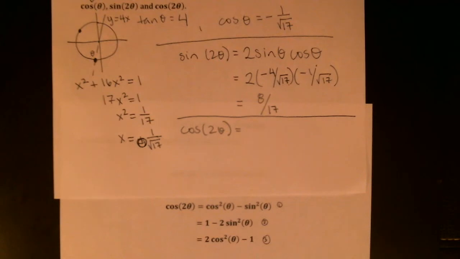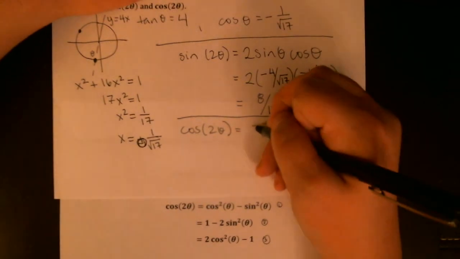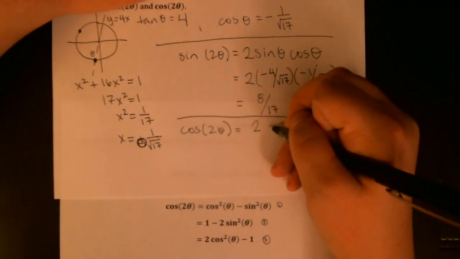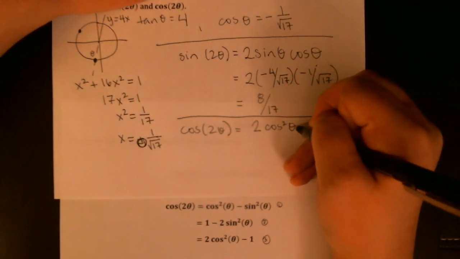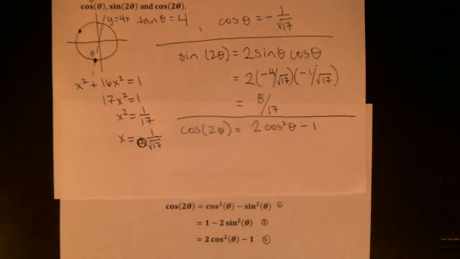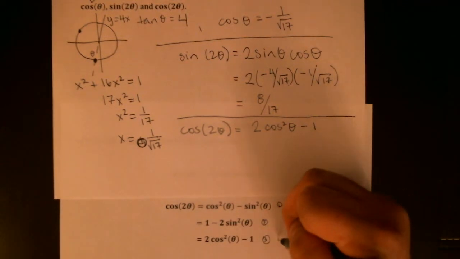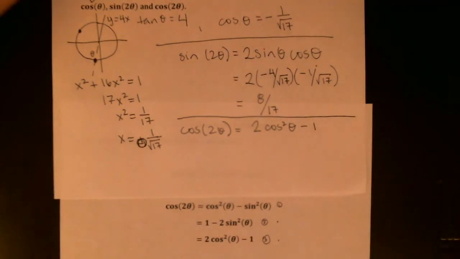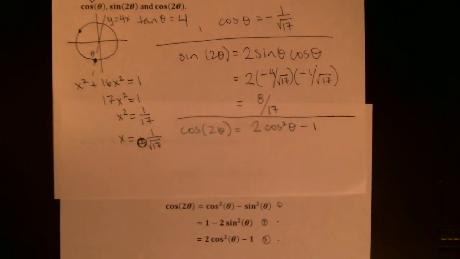We've used number 1 in the previous problem, so let's go ahead and use number 3. Number 3 says cosine 2 theta is 2 times cosine squared theta minus 1. So again, anytime you know your x and your y, you get your pick of the formulas. If you only know x, you'd want to use the bottom one. If you only know y, you'd want to use the middle one. You could still use any of them, but that'll be the least work.